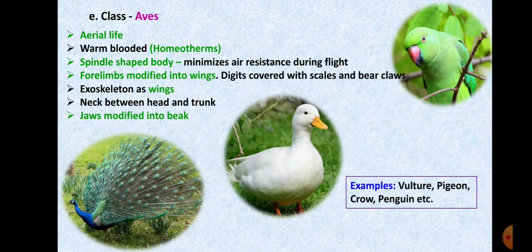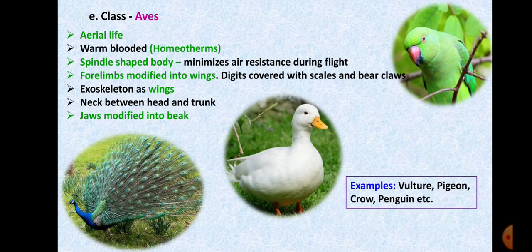We have that ability. Here, the body is spindle shaped. If you remember, we have studied somewhere else also about the spindle shaped body. Yes, in the fishes. Now, just like in the water, similar way in the air also, during the flight, the birds will be able to fly easily, cut through the air and move forward because of this spindle shaped body.